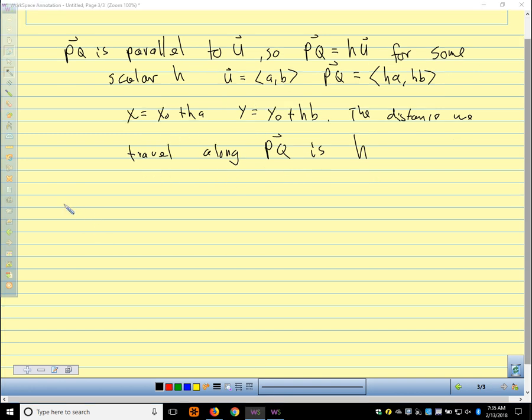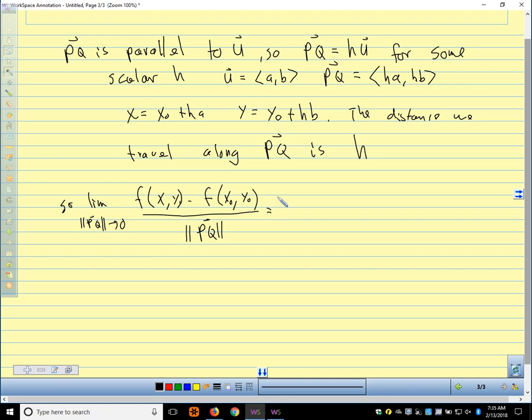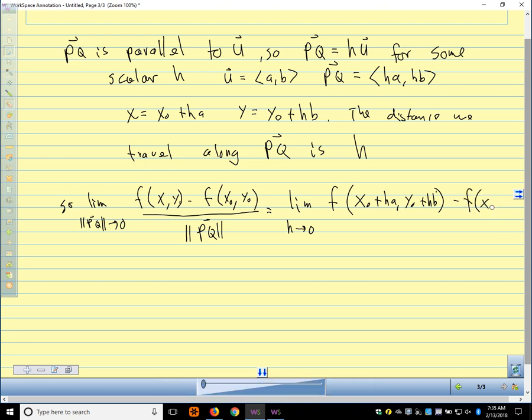So we can say the limit as the magnitude of PQ approaches 0 of this quantity, f of x, y minus f of x0, y0, over the magnitude of PQ, is the limit as h approaches 0 of f of x0 plus ha, y0 plus hb, minus f of x0, y0, over h.